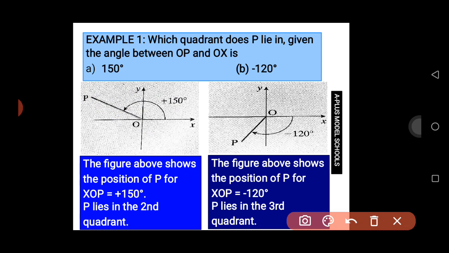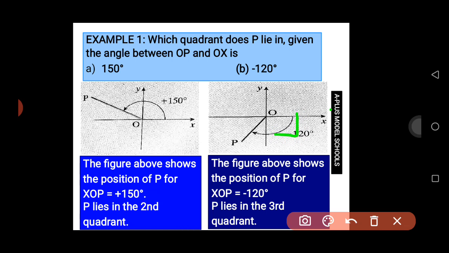Then the B, that is minus 120. Don't forget, I told you that when you want to get to minus 120, you read in a clockwise direction. Once you want to look for a negative angle, you start from the origin, which is from x, which is 0, from this. Now, from here to here is 90. So what will I add to 90 to give me 120 degrees?